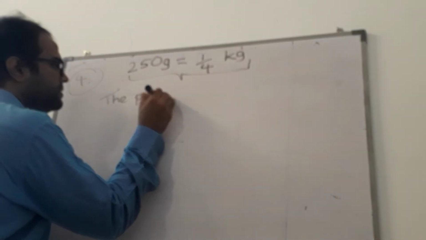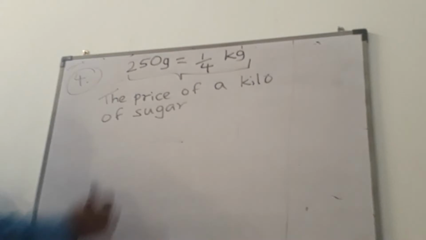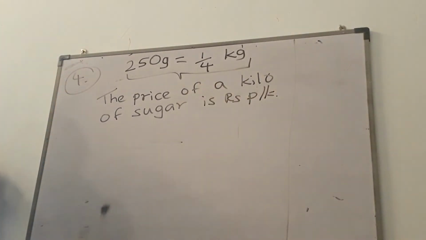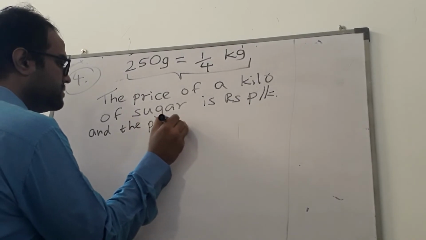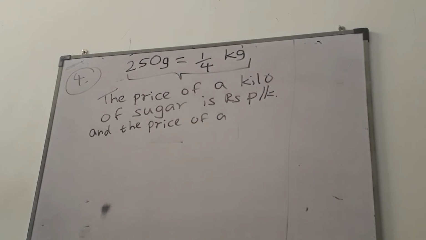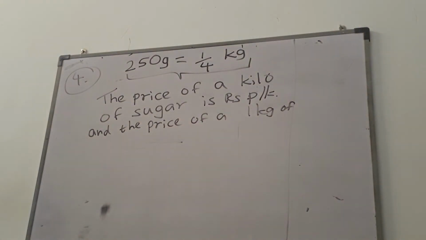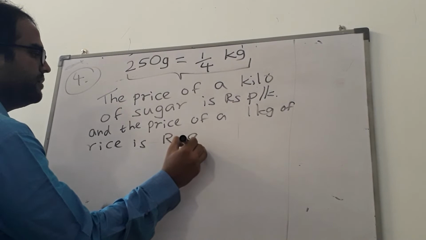The price of a kilo of sugar is P rupees, and the price of one kilo of rice is Q rupees.